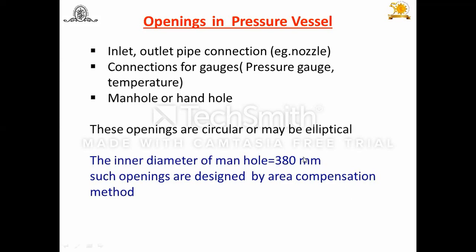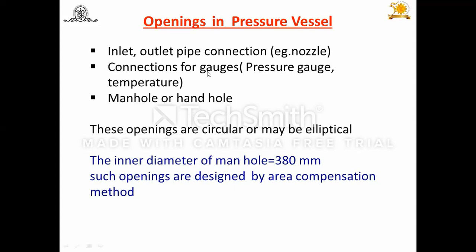That's why we study the area compensation method, to keep the same strength in the pressure vessel. After this session, you will be able to use this method while designing different openings. That is the main objective of today's session.